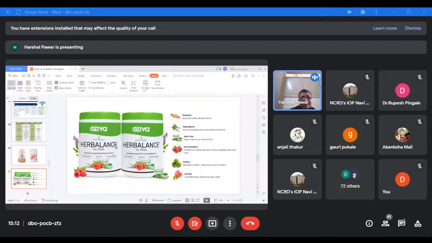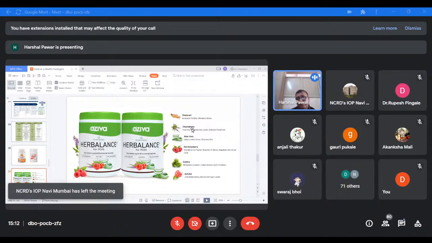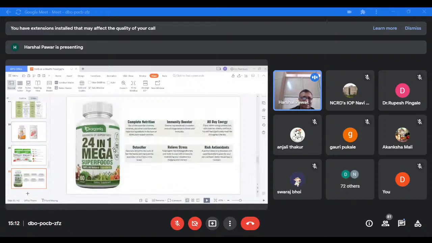This is one more product, that is Balance. So if you look at the composition, it contains shatavari, chestberry, aloe vera, red raspberry, gokru, and ashokan. All these components you can see here, they have different health benefits, right? This is one case study I'm going to present you.